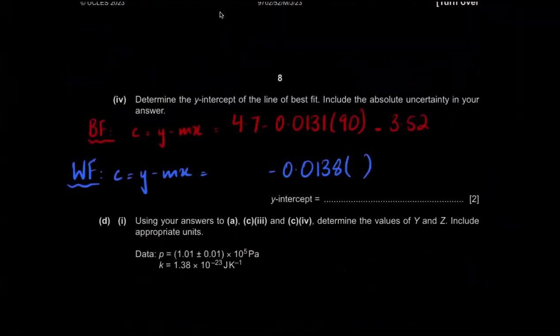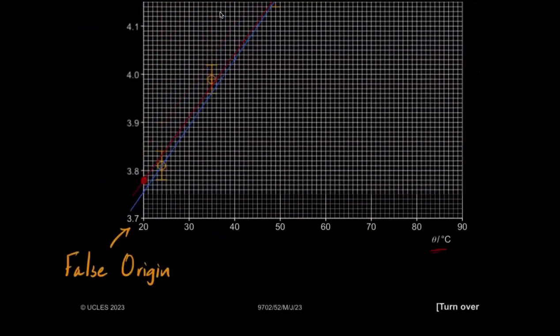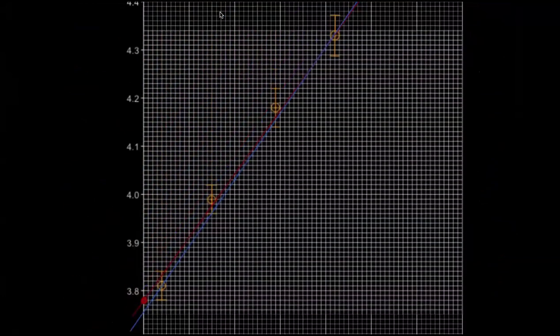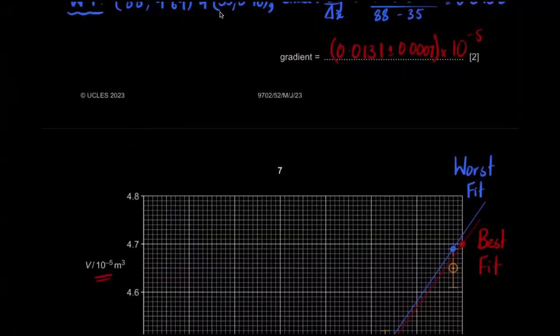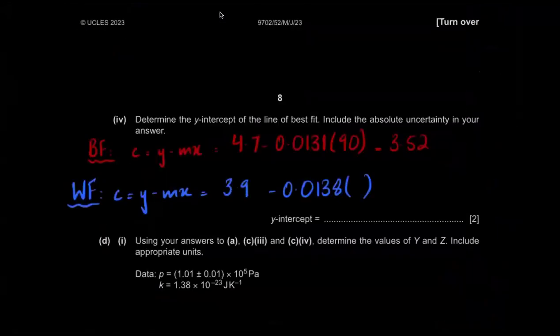And now I just need to pick up my y and x values. So y value, let's do this 3.96 and 35. So y is 3.96, x is 35. Let's do this then. 3.96 minus 0.0138 times 35 turns out to be 3.477.